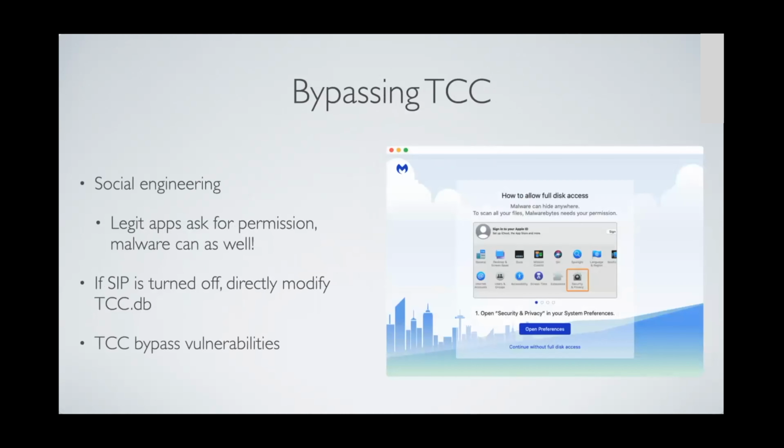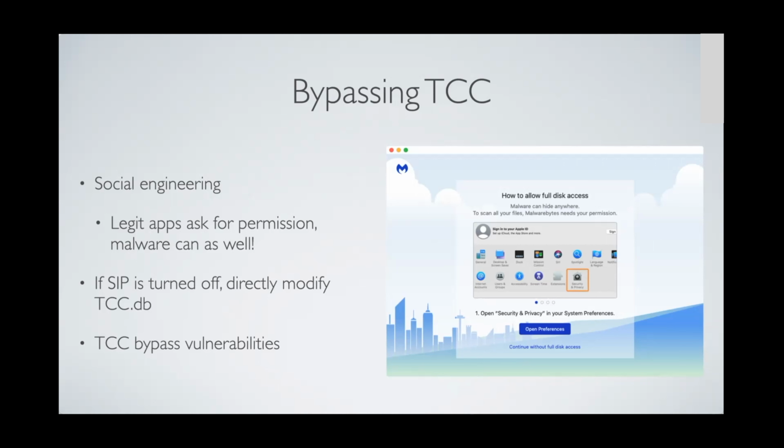And then finally, bypassing TCC. So as I mentioned earlier, social engineering is a big problem with TCC. You know, there are so many of these prompts popping up all the time. Plus, you've got a situation where legitimate applications have to ask for this permission.